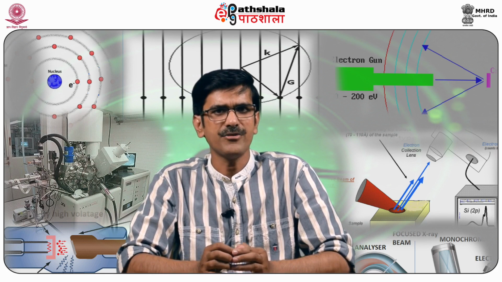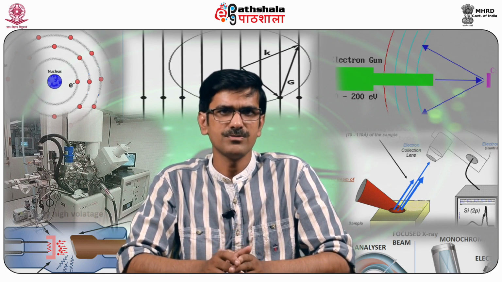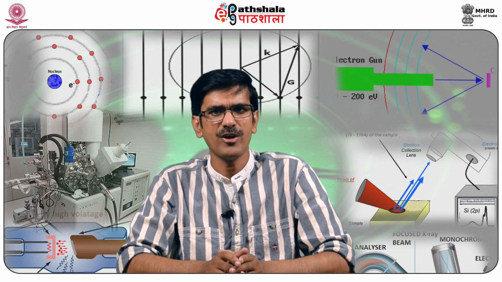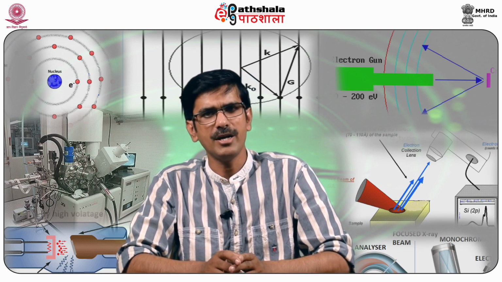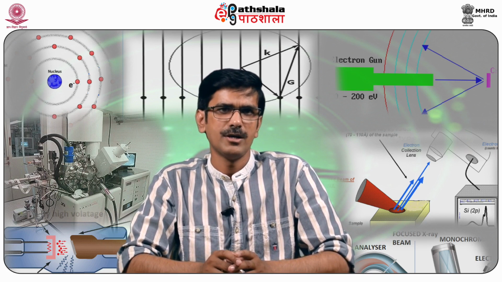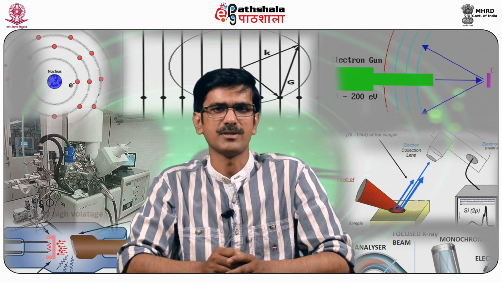The elements identified are elements having atomic number greater than 3. The spatial resolution for low atomic weight is 1 to 5 micrometer cube and for high it is 0.2 to 1 micrometer cube. The precision is approaching plus minus 0.1%.